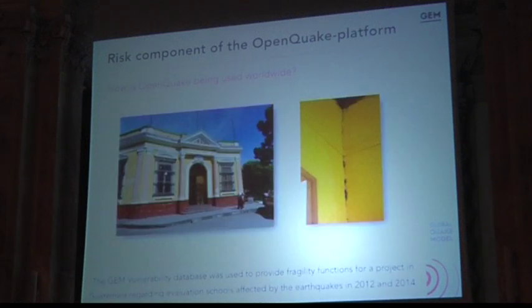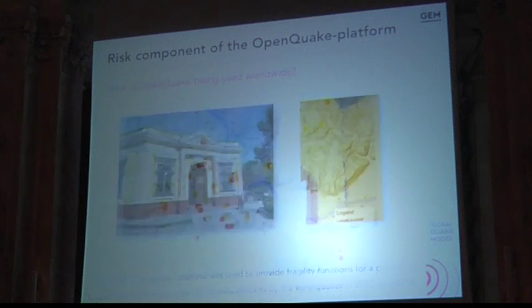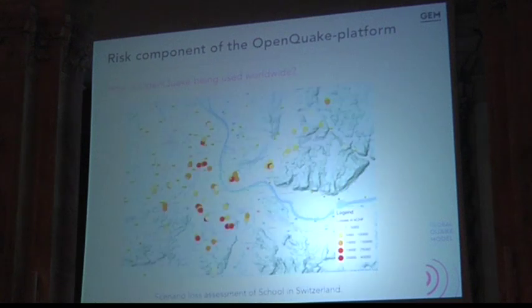The Global Vulnerability Database has been used to collect functions for an ongoing program in Guatemala to evaluate the schools that were affected by the earthquakes in 2012 and 2014. Again schools, the assessment of a number of schools in Switzerland, in Basel, that is being done by a company.